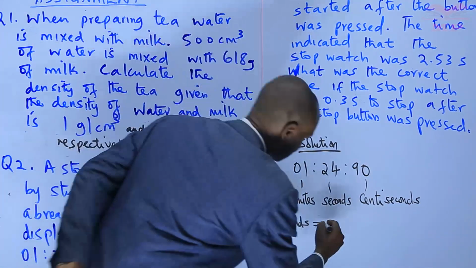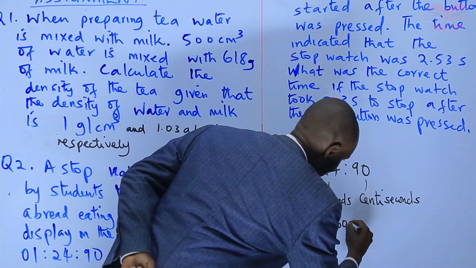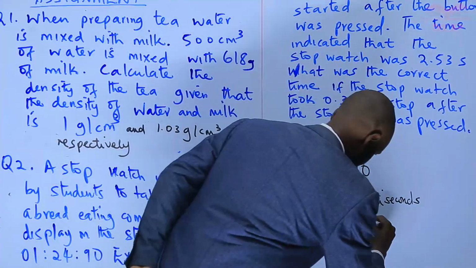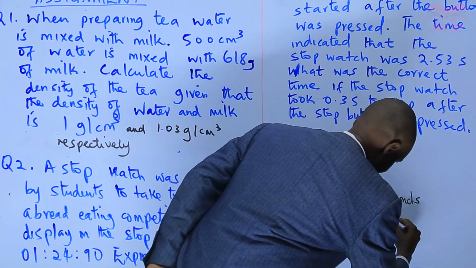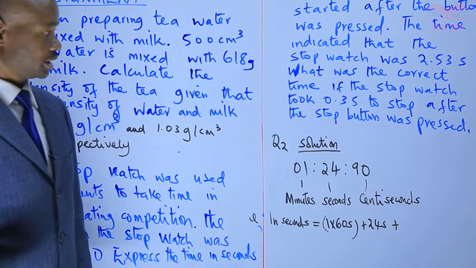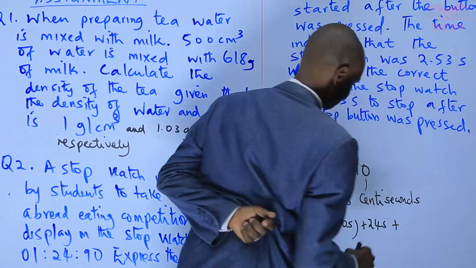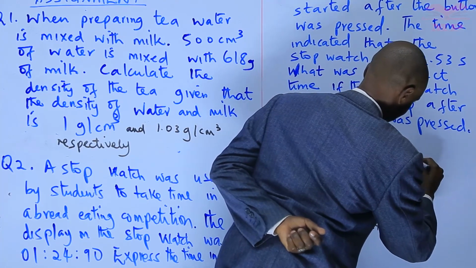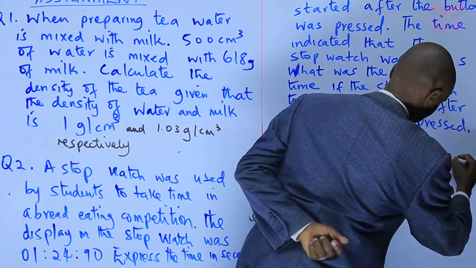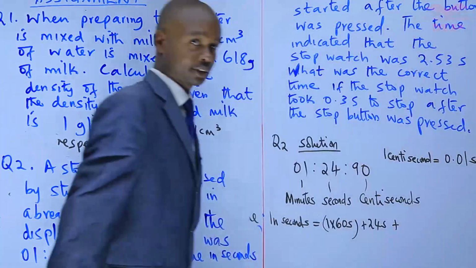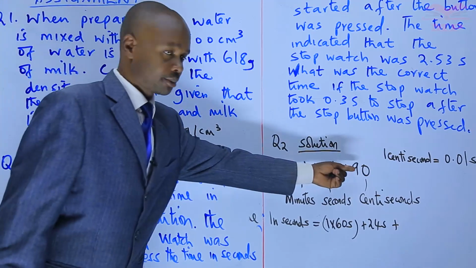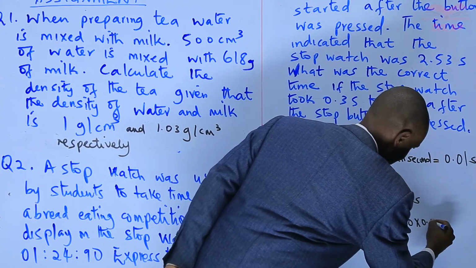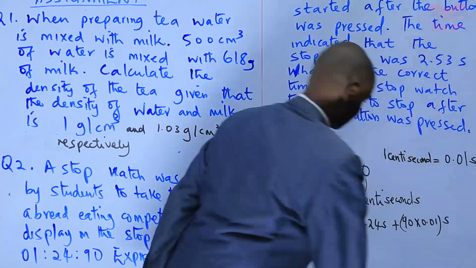So we shall have 1 times 60 seconds, plus 24 seconds, which are already seconds so I don't need to convert, plus 90 centiseconds. I said 1 centisecond is equal to 0.01 seconds, so it will be 90 times 0.01 seconds.